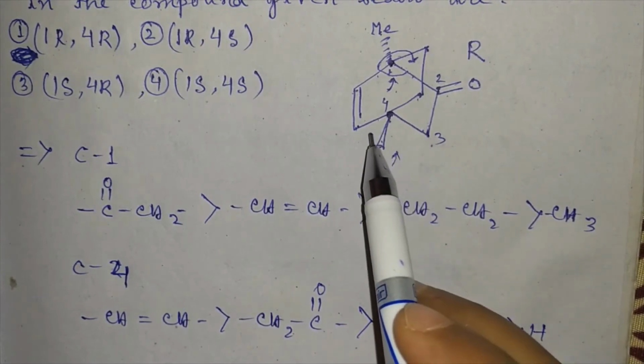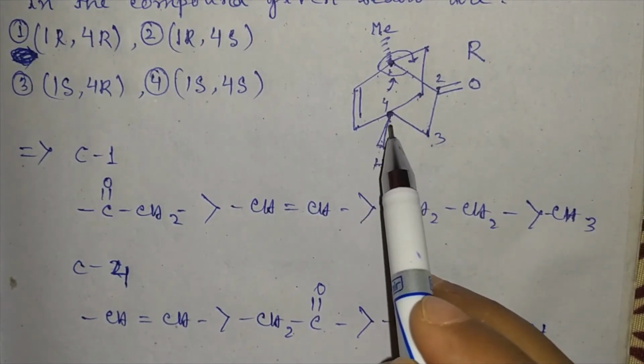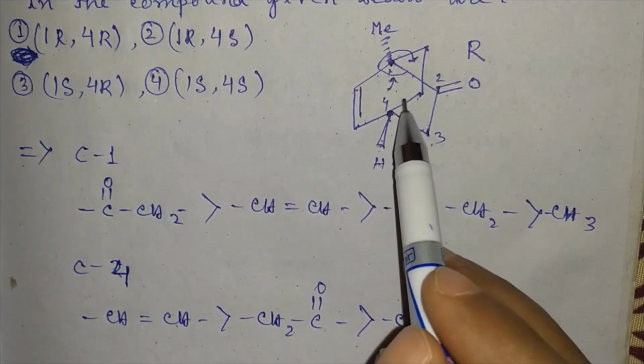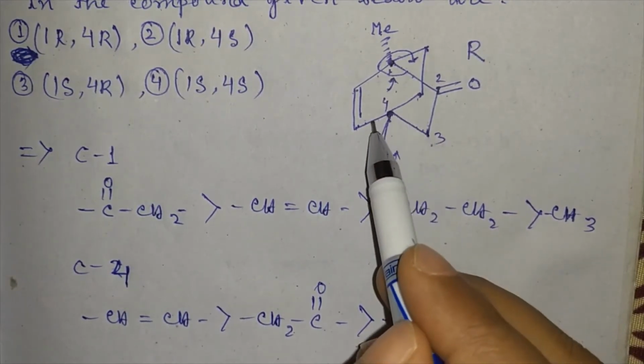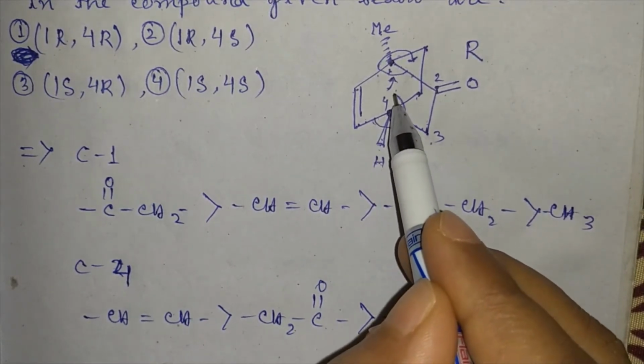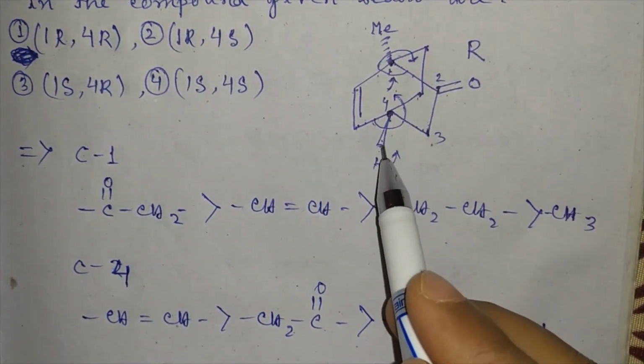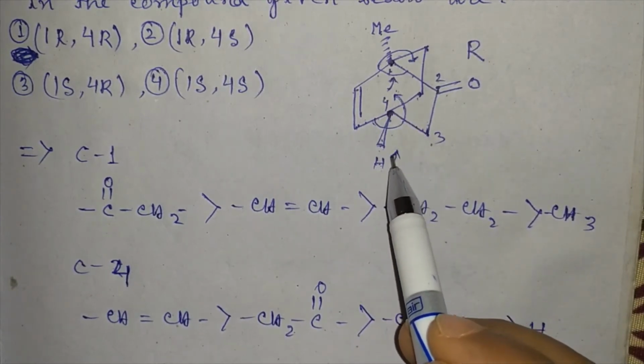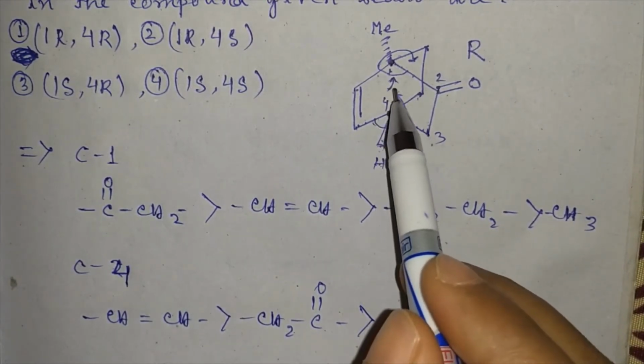then our eye rotates from highest to lower priority group 1, 2, 3 in anti-clockwise direction. When the hydrogen is below the plane and we are seeing in this way, it is anti-clockwise direction.